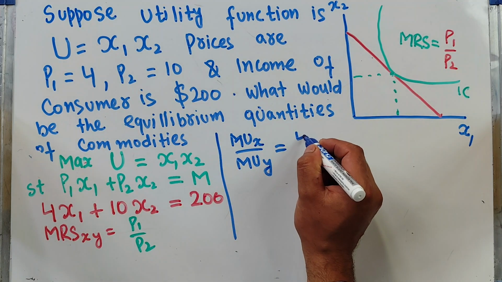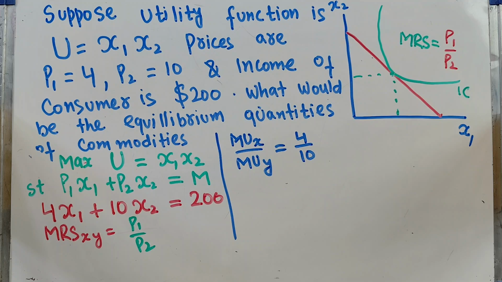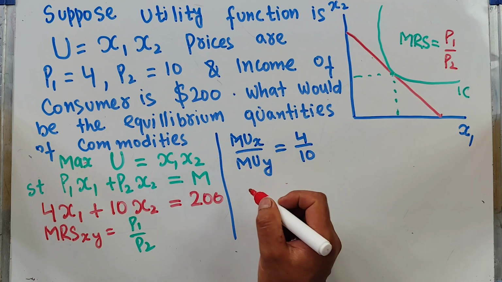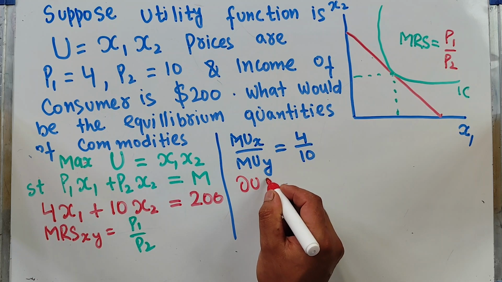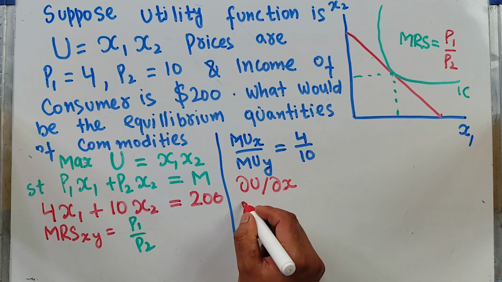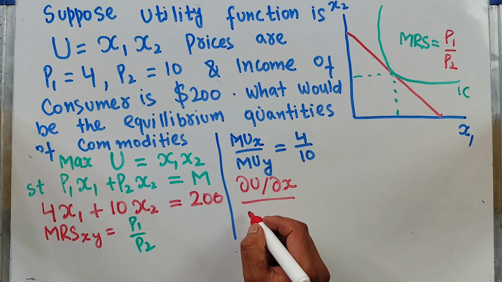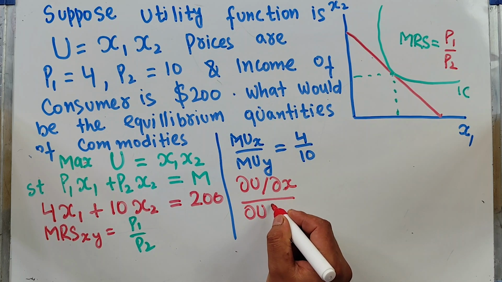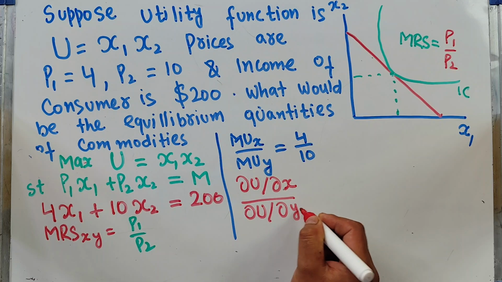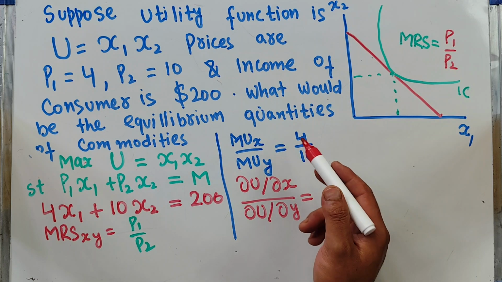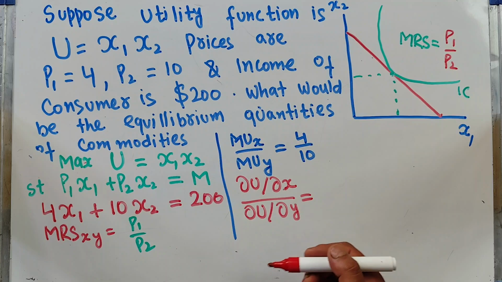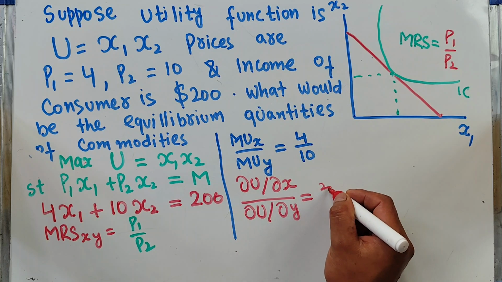4 upon 10. So let's write it here, 4 upon 10. The marginal utility of good X means the partial derivative of the utility function with respect to good X, and the marginal utility of good Y means the partial derivative of the utility function with respect to good Y, and it should be equal to 4 upon 10, which is the price ratio. So it becomes 2 upon 5.